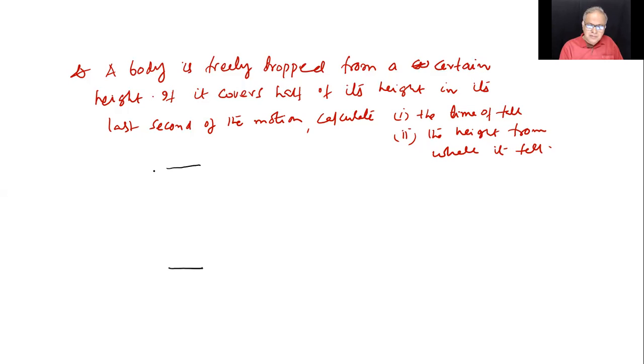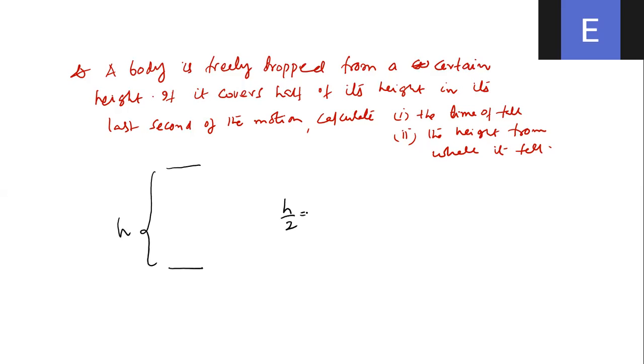You tell me, because this is very important. Instead of me doing it that way, it is spoon feeding. Since it covers half of its height in the last second of the motion, and it is freely dropped, h by 2 equals half g (t minus 1) whole square.